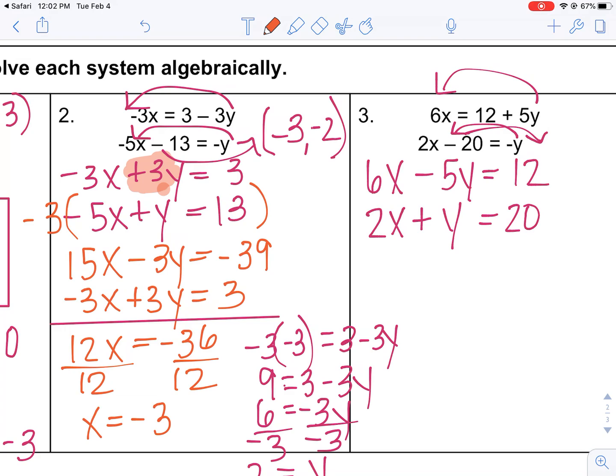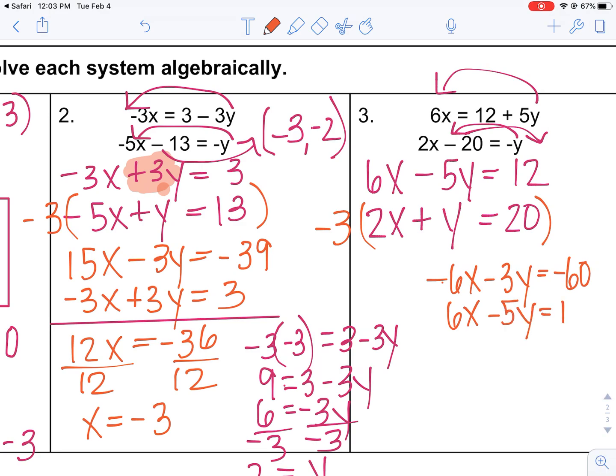I'm actually going to go back to eliminating my x to show that you can go either way. So if I multiply this entire equation by negative 3, it's going to make my x's go away. So that'll give me negative 6x minus 3y equals negative 60. My other equation was 6x minus 5y equals 12, and I'm going to put those two together, eliminating my x variable to 0.